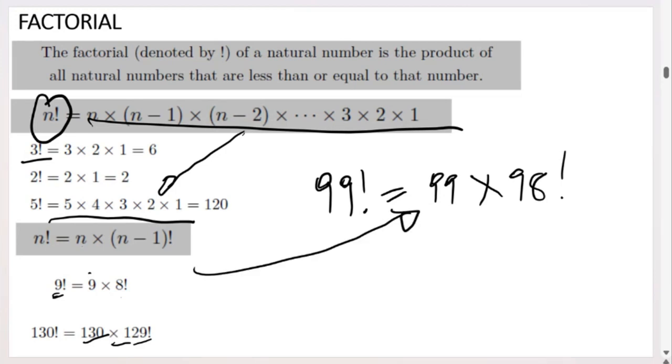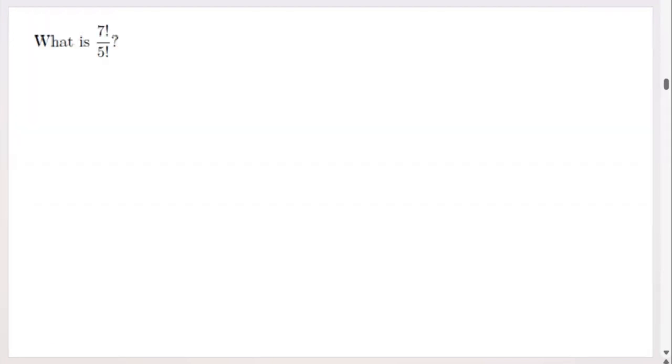Okay, so let's make an example of that. What is the simplification of this? A simplification of 7 factorial using the formula. 7 factorial is simply 7 multiplied by 6. Now, in order to simplify this without breaking it down into smaller components, look at what you have in your denominator.